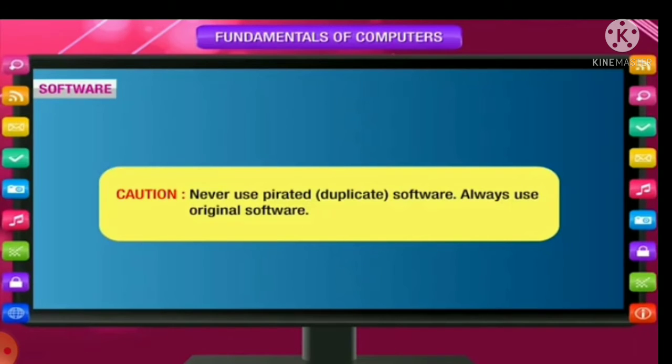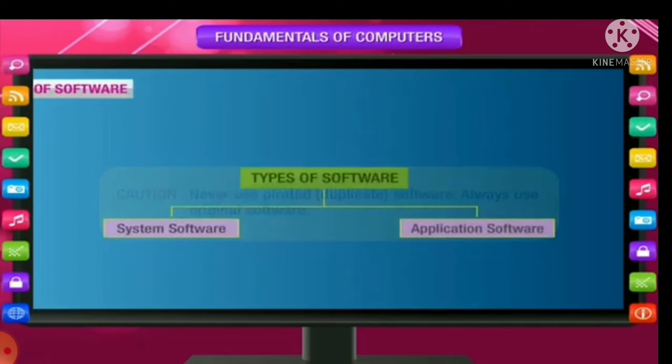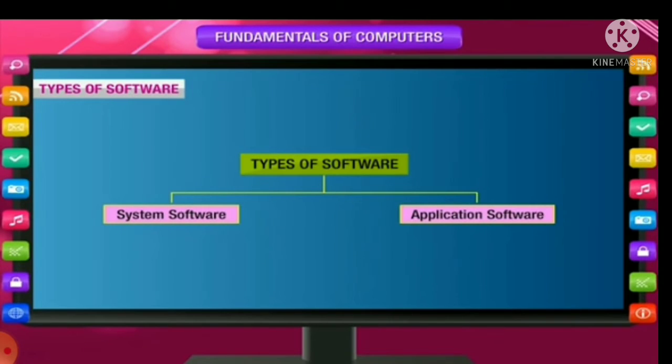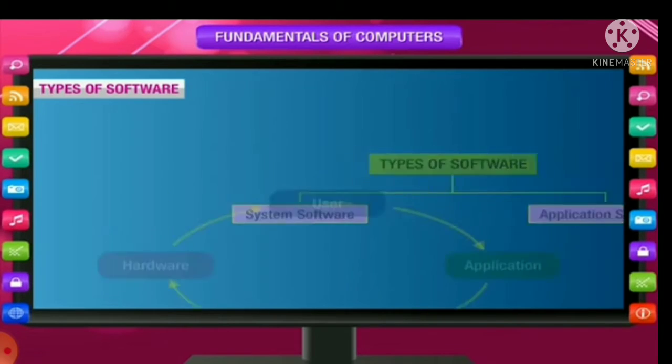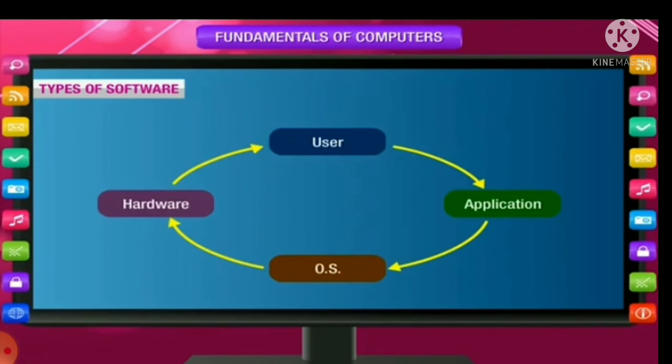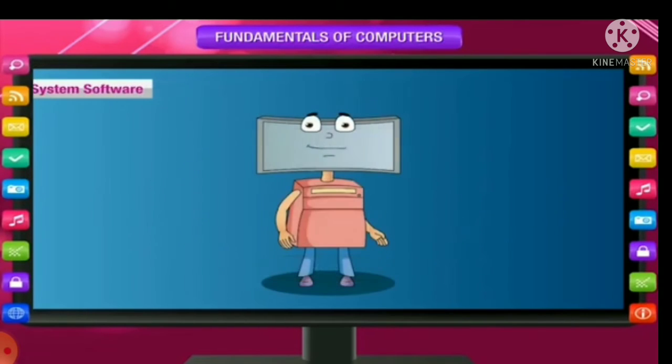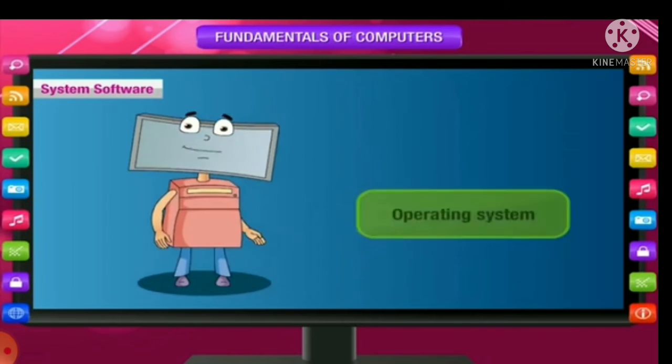There are two types of software. First is system software and second is application software. System software is a set of programs that controls all the operations of the computer.